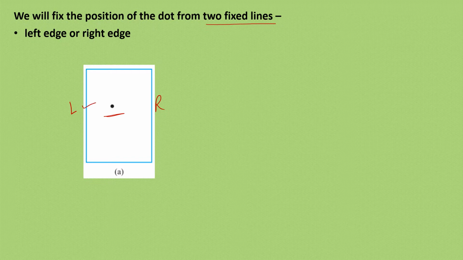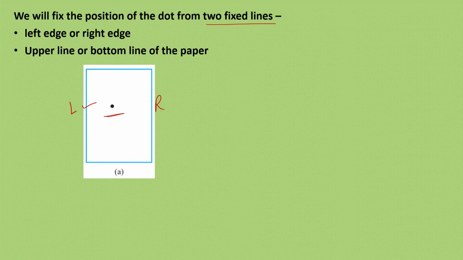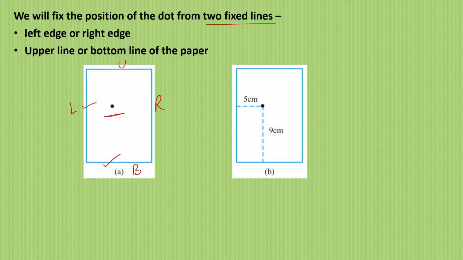So suppose we are fixing the left edge, and then the upper line or the bottom line of the paper. For this paper, either you take the upper line or you take the bottom line. Any one line we have to fix for the position of this dot. Suppose out of these two, upper and bottom line, I am taking the bottom line. So you will see for this dot, we have fixed two lines. This is the left edge and this is the bottom line, right?